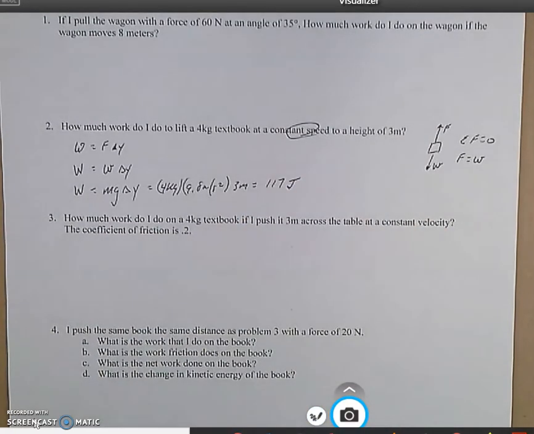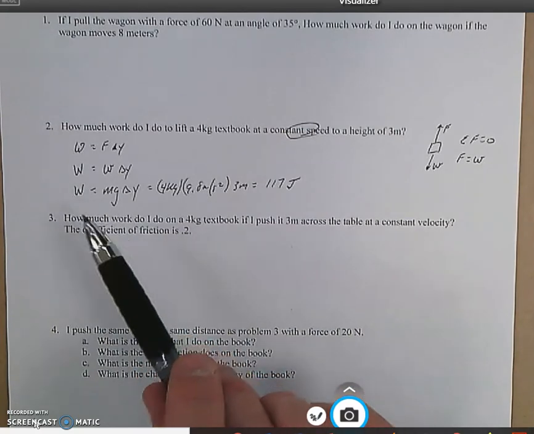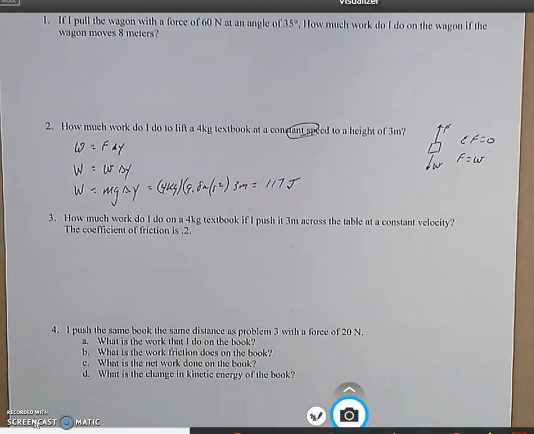Just as a side note, we also could have said that work is equal to the change in potential energy as I lift this thing 3 meters, which would be, again, m times g times h, or delta y, no matter how you change it.